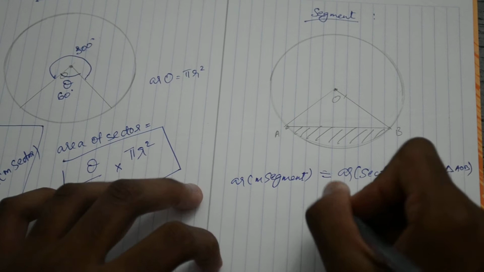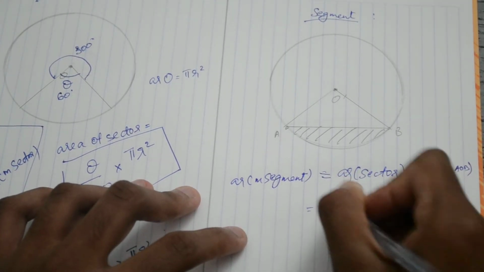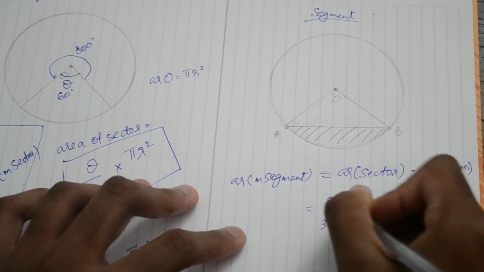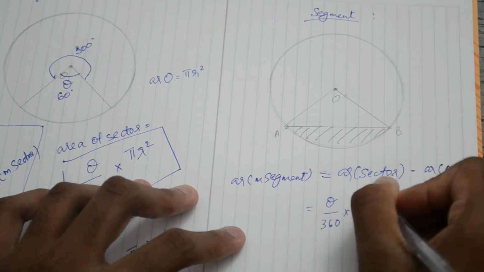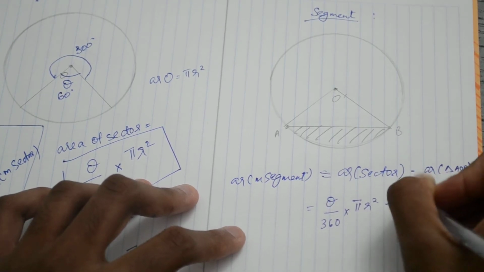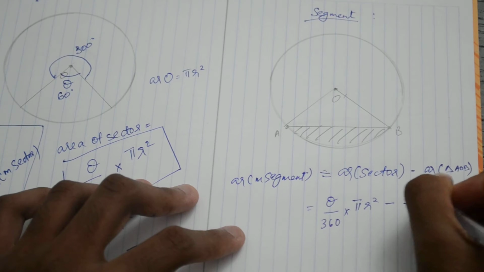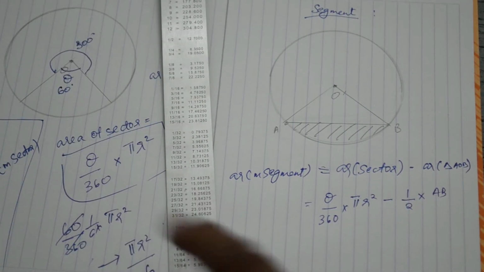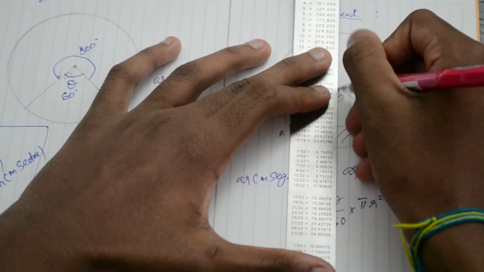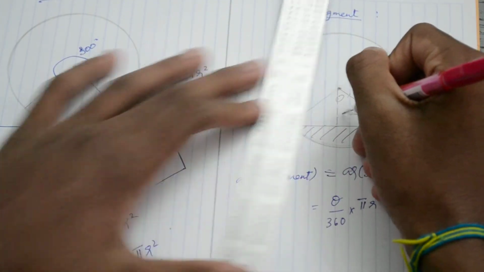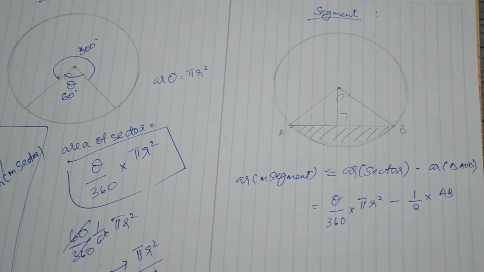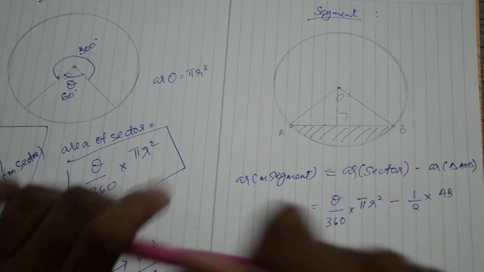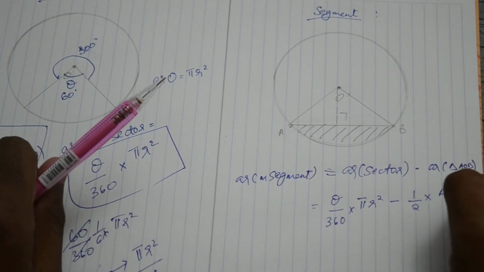So it would be theta by 360 into pi r square minus half into AB, and you'd need to construct a perpendicular. In the next video I'll show you how you can find this perpendicular's height, height OM.